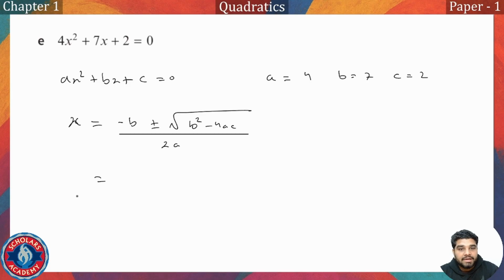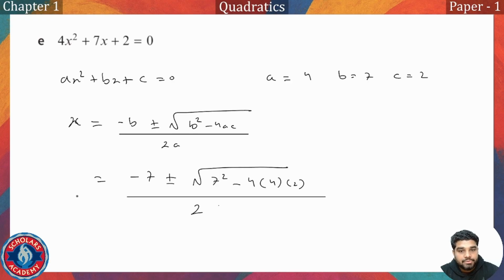We get minus 7 plus minus root of 7 square minus 4 times a, which is 4, times c, which is 2, by 2 times a, which is 4.